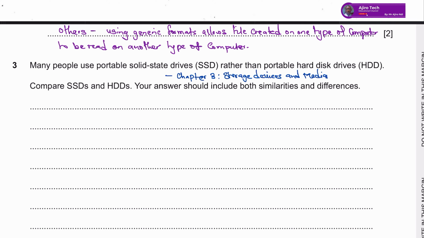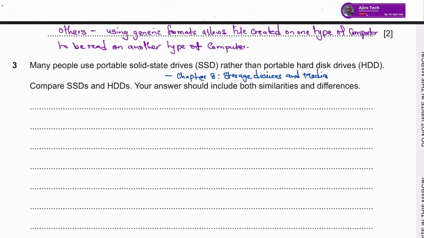One falls under the magnetic device, while the other one falls under the solid state. That means that one is affected by magnetic field, the other uses a flash memory. It's important for you to differentiate, to know which is a pen drive and a flash drive, because a flash drive essentially is any device that uses solid state technology, literally.